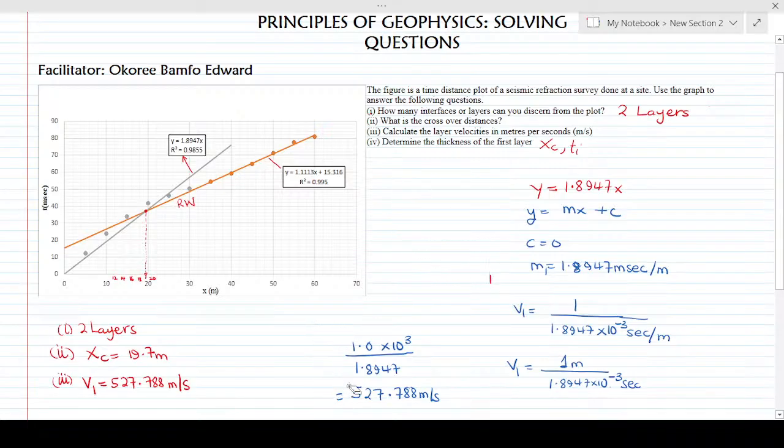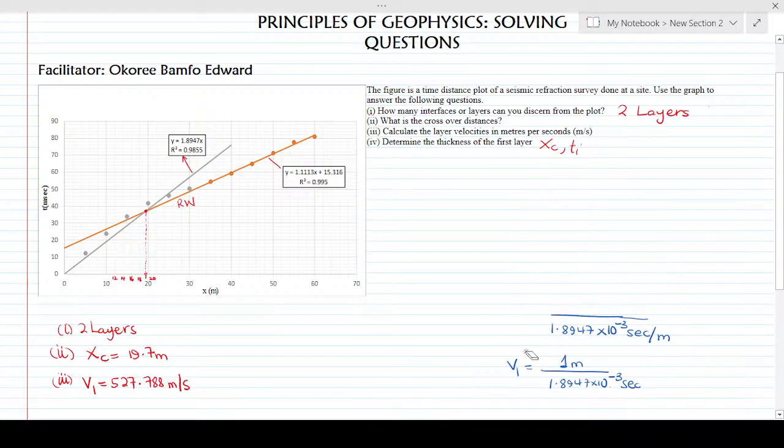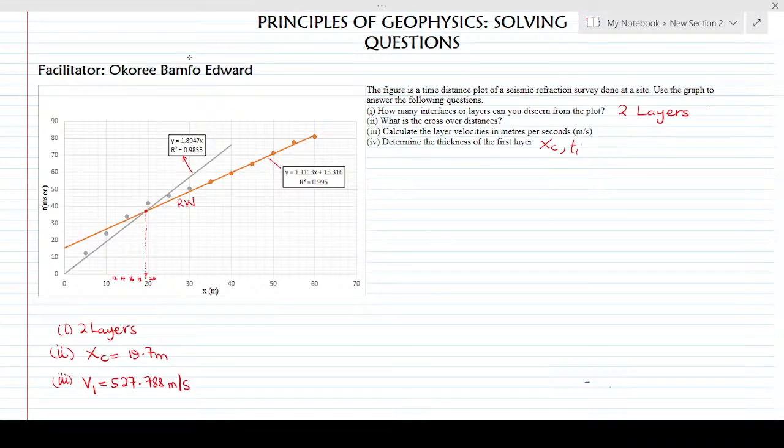Now the velocity of the second layer is as a result of the refracted wave. And so the graph of the refracted wave is the one in orange, right? So let me erase this and let's see how we go about that one. Let me pick the B so we work with it.